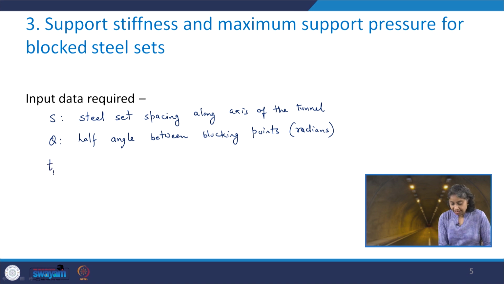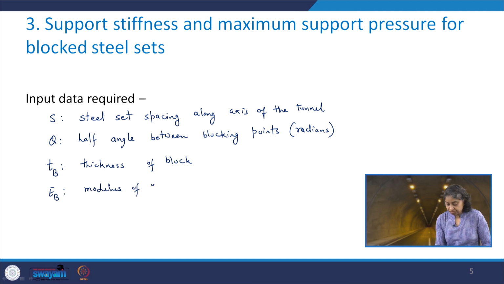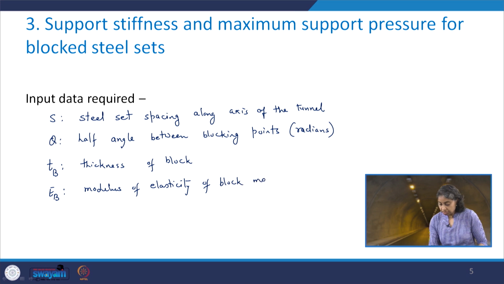Then we have TB, which is the thickness of block. And finally, we would need EB, which is the modulus of elasticity of the block material.